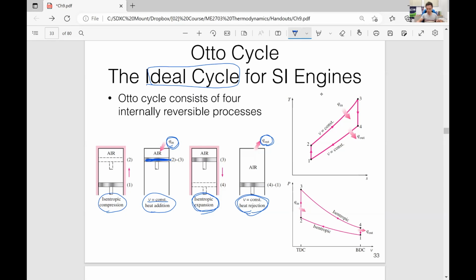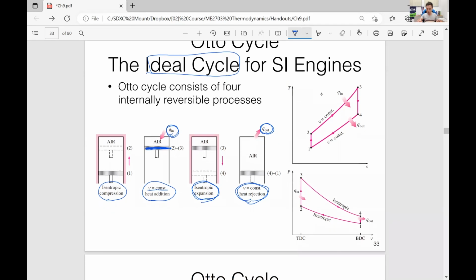If you make a PV diagram, from state 1 to state 2 is an isentropic compression. 2 to 3 is a heat addition process, maintained at constant volume.